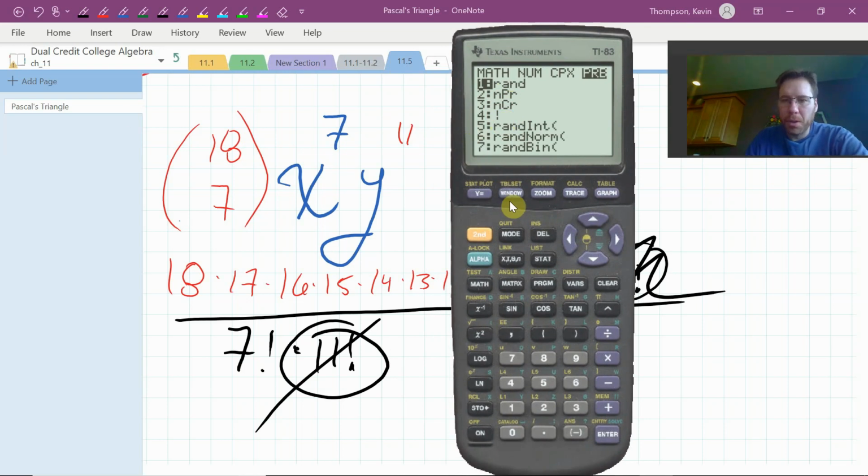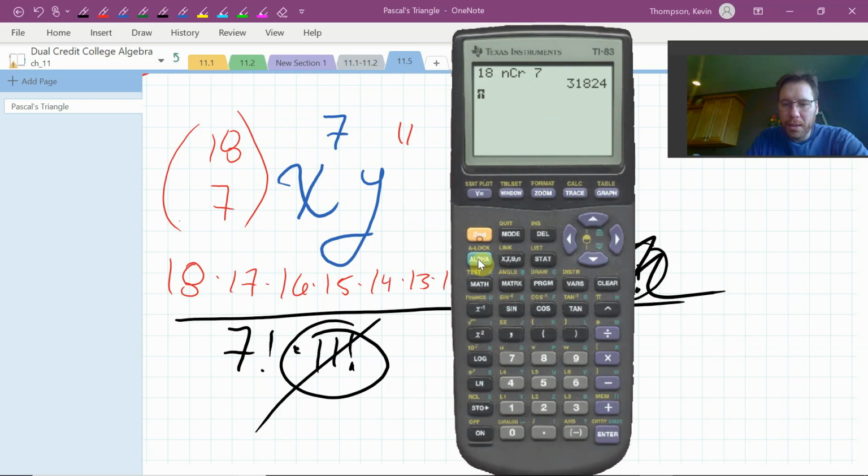If I choose nCr, the number has to come first, so I need to say 18 nCr, so 18 choose 7. And my calculator will spit out the answer for me of 31,824.